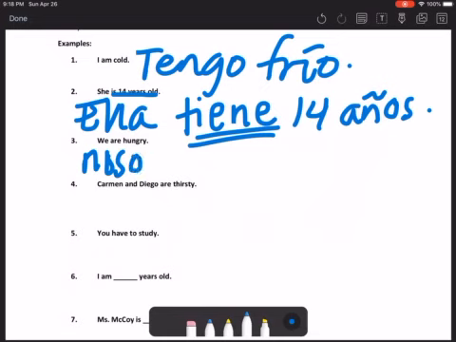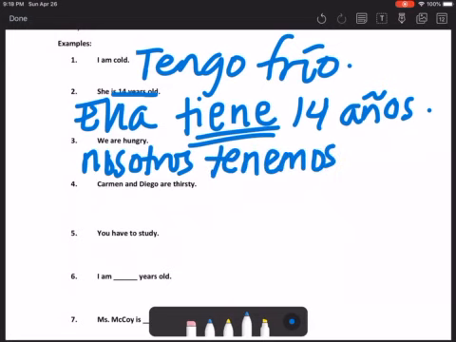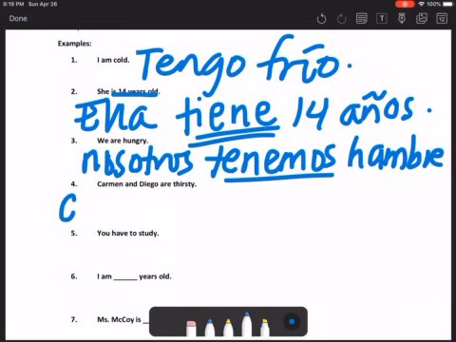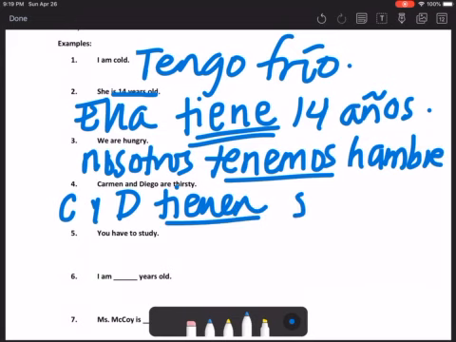Nosotros, same thing. Hungry is one of those tener expressions. Tenemos hambre. It's like saying we have hunger. Carmen y Diego tienen sed.